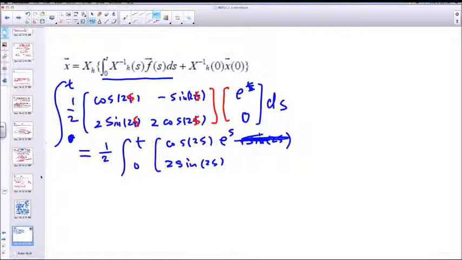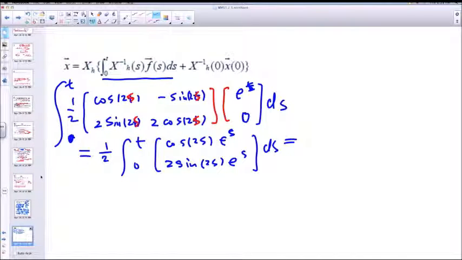Erase that. And the sine 2s e^s ds. Well, this is an integral. To finish that, you need to do integration by parts, or you use the undetermined coefficients method.